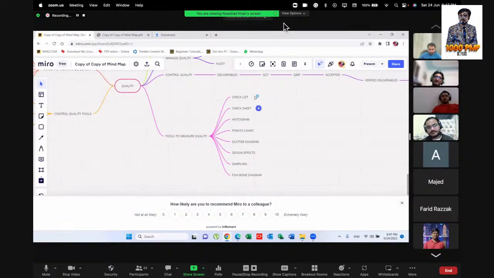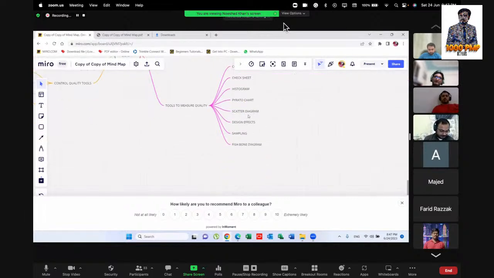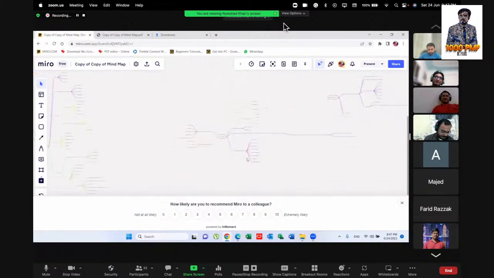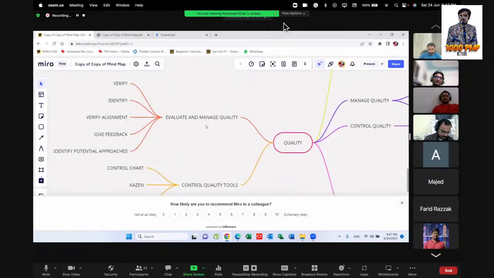First of all, checklist, check sheet, histogram, Pareto chart, scatter diagram, design of experiments, sampling, fishbone diagram. Then we are going to evaluate and manage quality. So we have verify, identify, align, give feedback, identify potential approach.